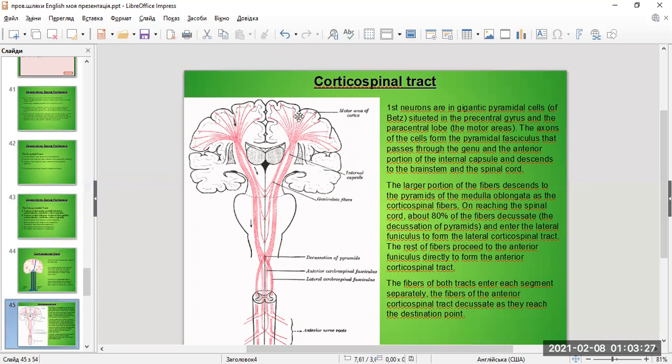First neurons are gigantic pyramidal cells or Betz cells situated in the precentral gyrus and the paracentral lobule, the motor area. The axons of the cells form the pyramidal fasciculus that passes through the genu and the anterior portion of the posterior limb of the internal capsule and descends to the brainstem and the spinal cord.